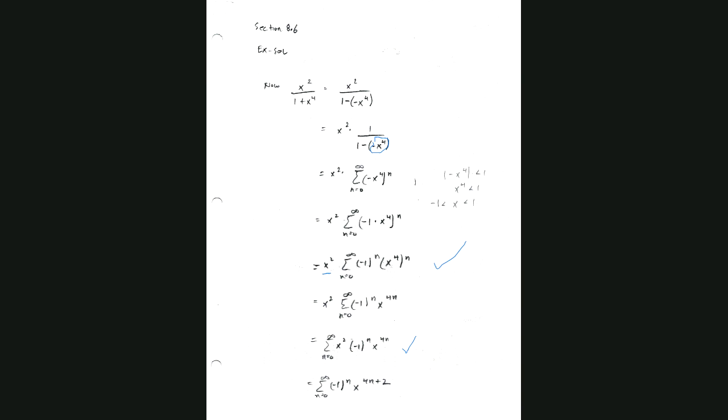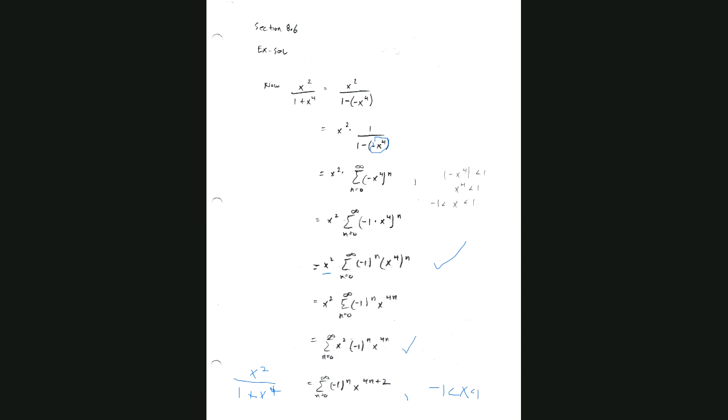So x squared over 1 plus x to the 4th equals this power series when x is between -1 and 1.